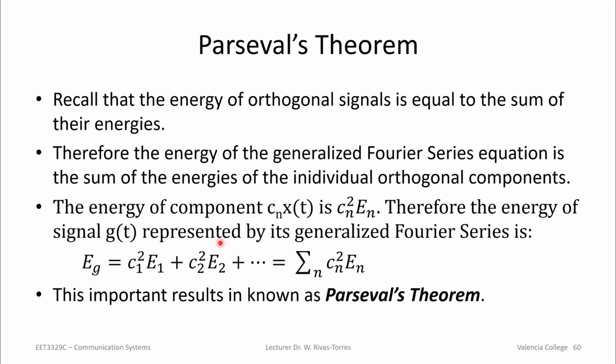So you end up with a function that looks like this, and it is credited to Mr. Parseval, who actually proved that this was correct. The total energy of g equals the sum of the energies of its basis function components, right? Okay.